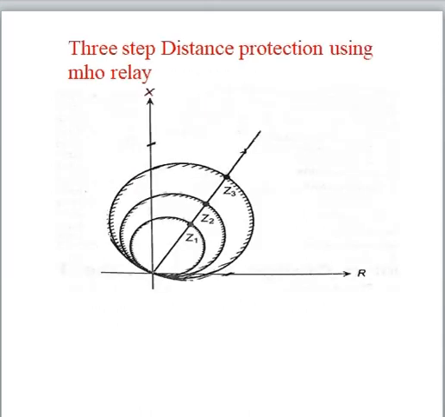And this is the Mho relay. The Mho relay operating characteristic is a very small area, with the operating region within the circle and the non-operating region outside the circle. The 3-step distance protection is the same as in the impedance relay. First it operates in zone 1, after waiting in zone 2, and then zone 3.